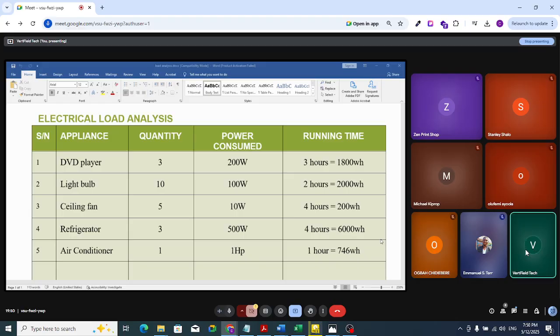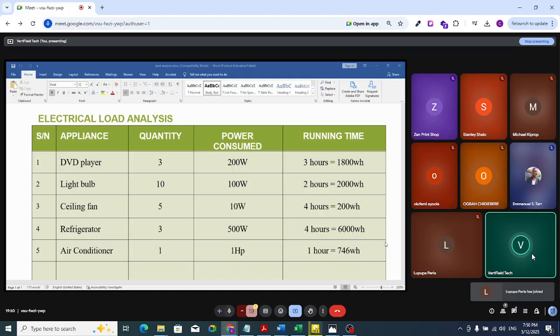Power consumed by the appliance simply tells you the rated wattage of each and every appliance. That is the power being consumed by that appliance. How do you know the rated wattage of each appliance? You get that from the nameplate of that particular appliance.